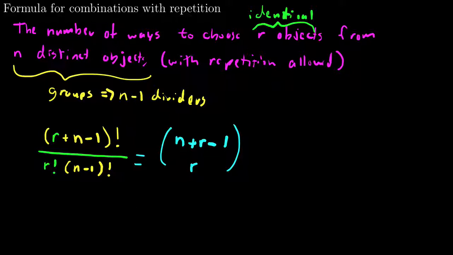So from our example, we were choosing R objects. So we had R people, 3 people, the friends, choosing one of 3 distinct objects.